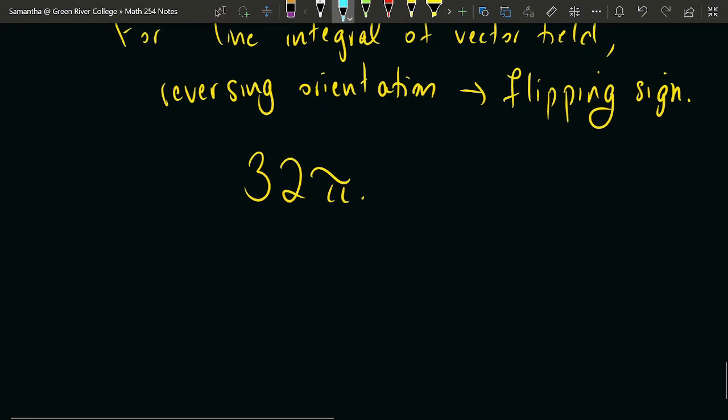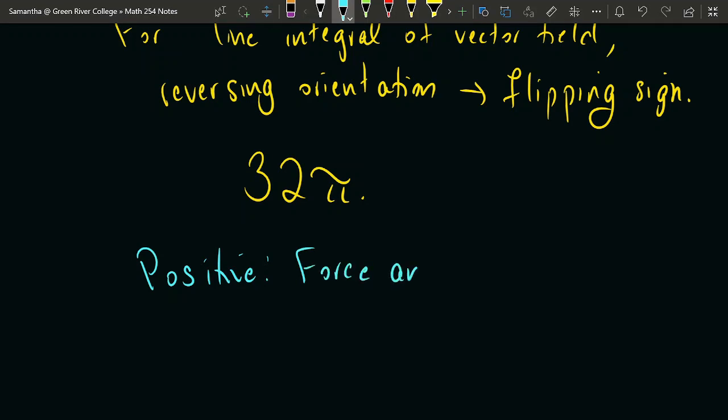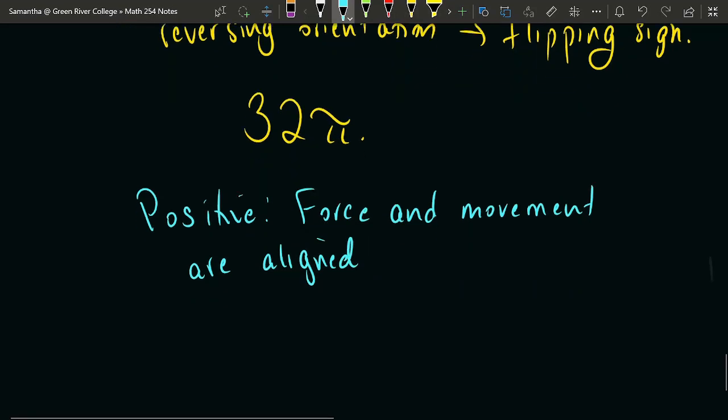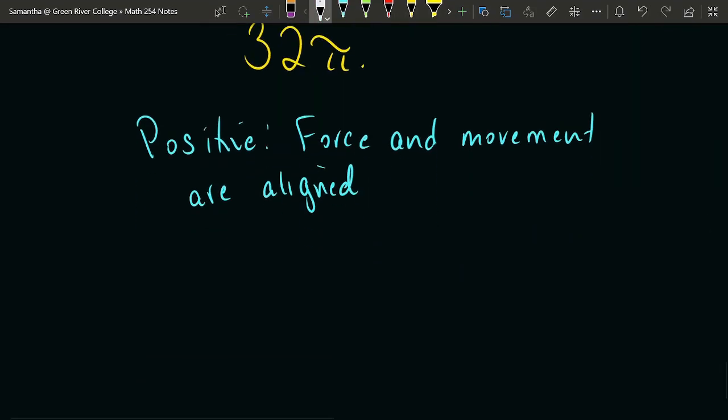Now, a positive work physically occurs in the situation where the force and movement are overall aligned, pointing in the same direction. And once again, that makes sense in this setup.